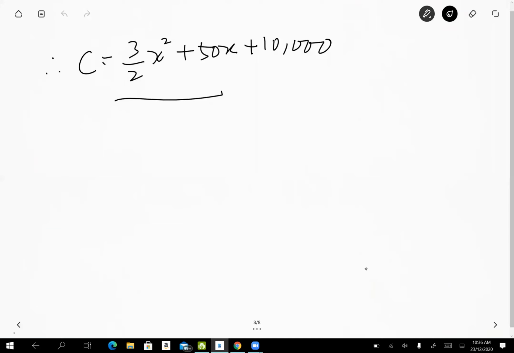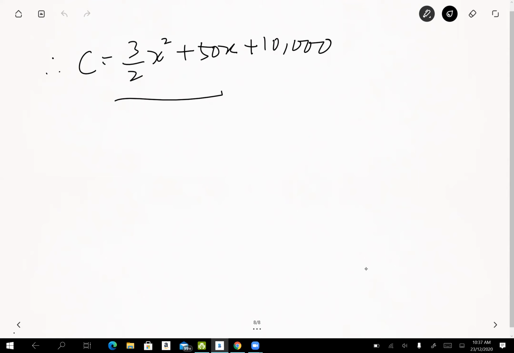Example number 2, you are also given the cost function. But here, after you have found the value of the k, we will want to find the cost given a certain output level.